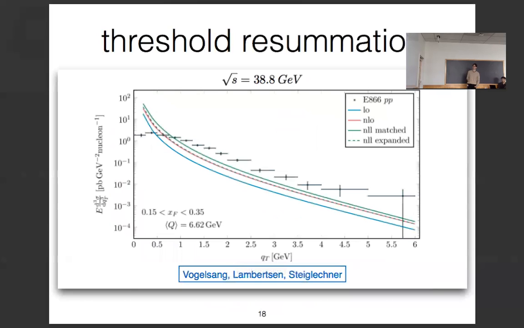So the difference between NLO, here the red curve, and the resummation, the green curve, is very, very reduced. So it's interesting because we've seen that in some cases you cannot ignore threshold effects, but it doesn't seem to give the whole answer.